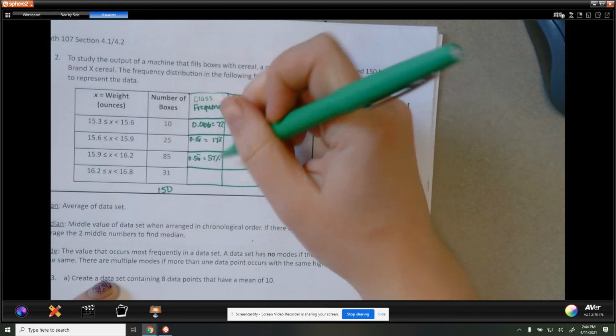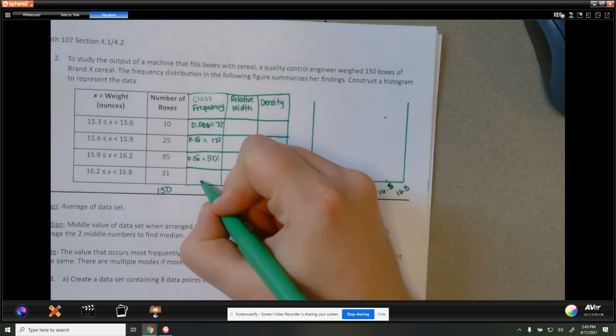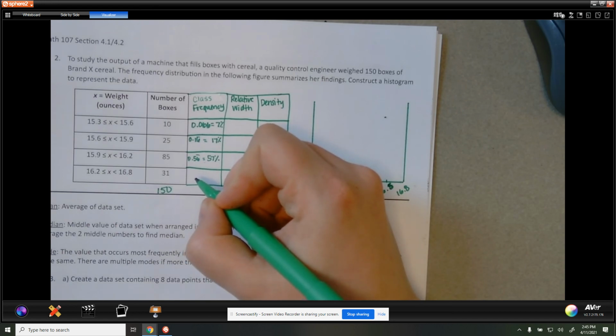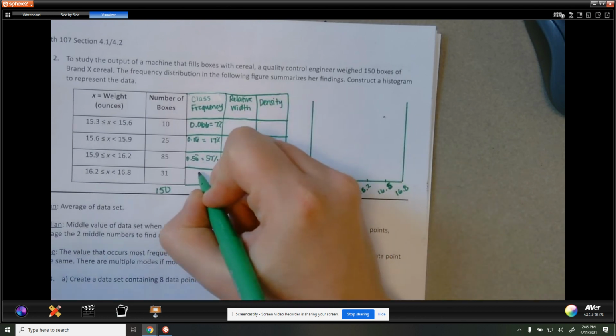And honestly, this needs to add to 100. So we've got 7 plus 17 plus 57, that's 81, and 100 minus 81 is 19, so this should be pretty close to 19. Let's double check. 31 divided by 150 is, yeah, 21, but we rounded up here, so I'm going to say this is 19.